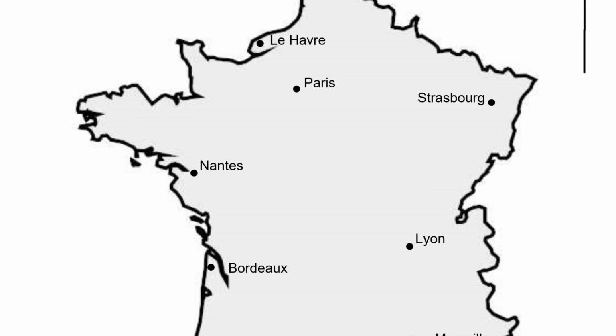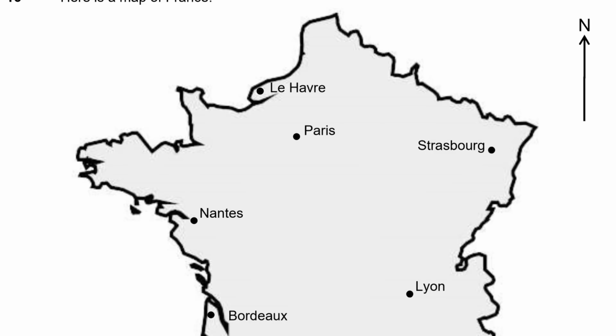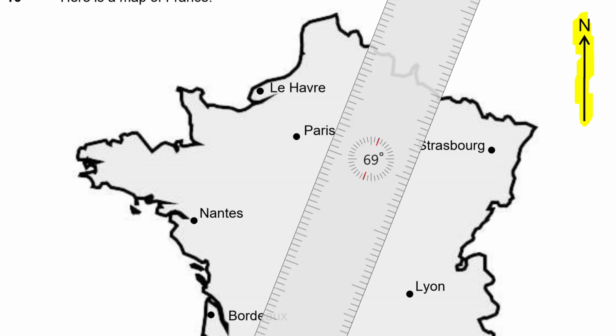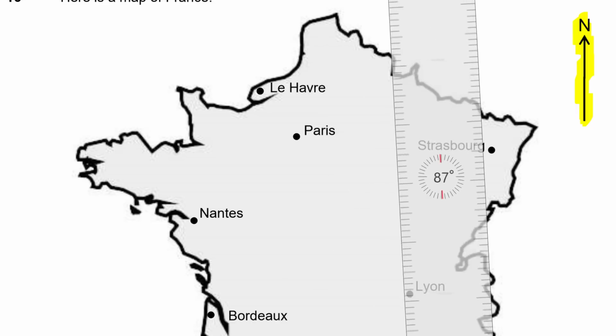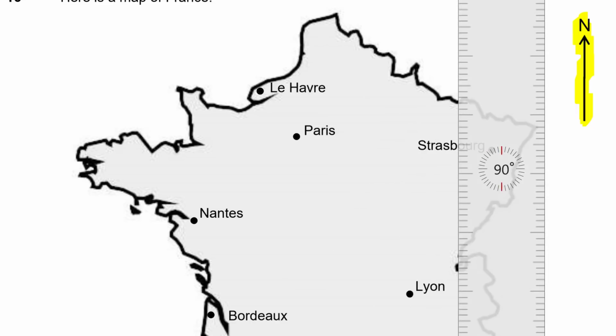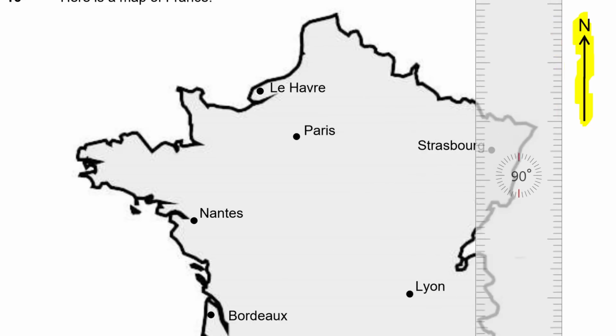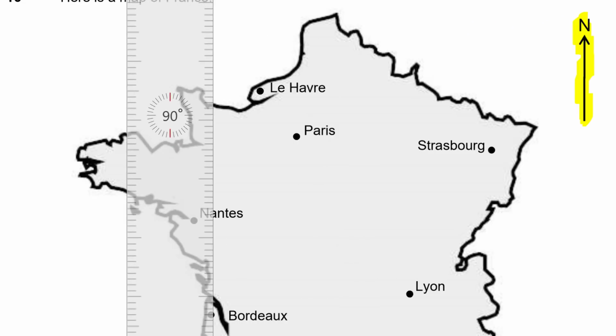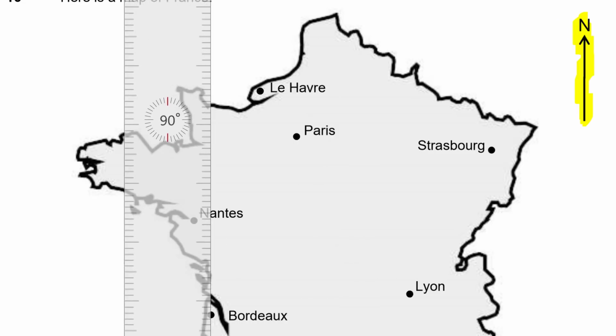Okay, right, so you'll notice at the top here we've got a direction line for north, and 3-figure bearings are always measured clockwise from north. So let's just get my ruler out. So straight up in the direction of that north line, look, that's north. So if I want to measure a bearing, I should really start by putting a north line on the point where I want to measure my bearing from.